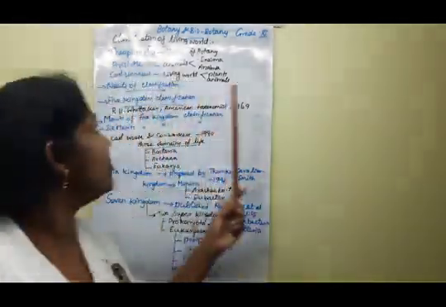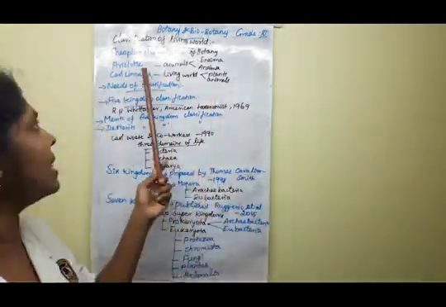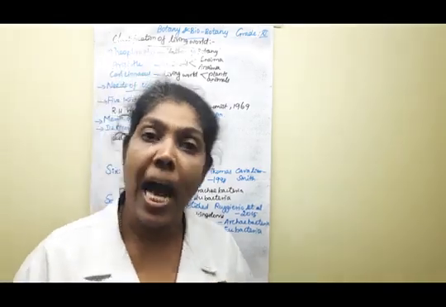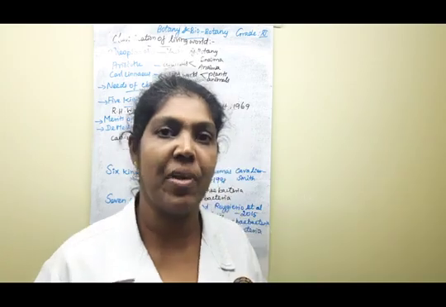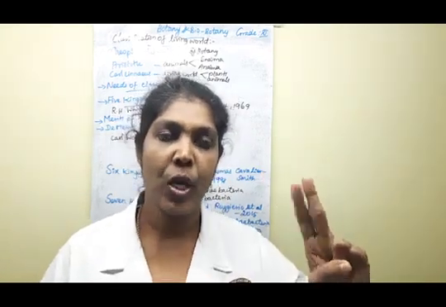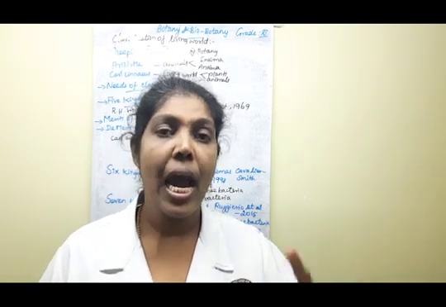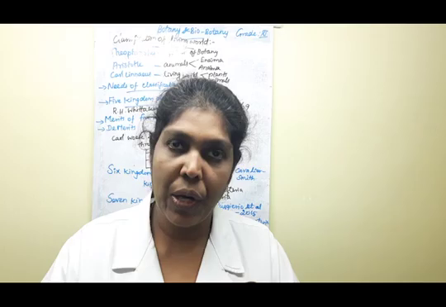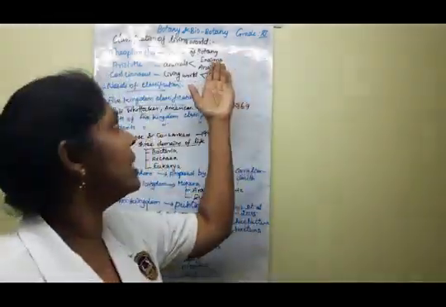Clear? The next taxonomist, the second one, is Aristotle. This person classified the animals into mainly two groups: Enaima and Anaima. Enaima means with red blood cells; that type of organisms are placed under this.